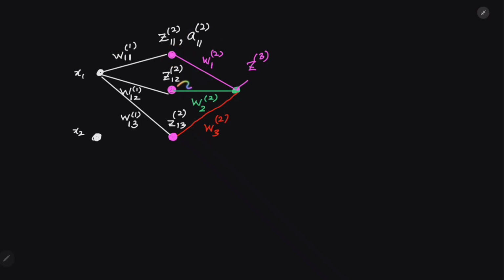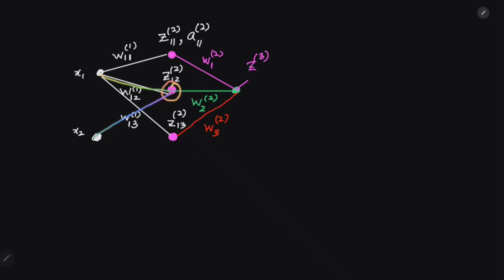So you do the same for the second neuron, for example. You calculate all the hidden layer weights first. You find the connection from x1 to the second neuron of the hidden layer, then x2 to the second neuron of the hidden layer, and we multiply that together.